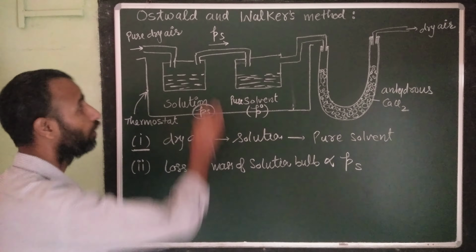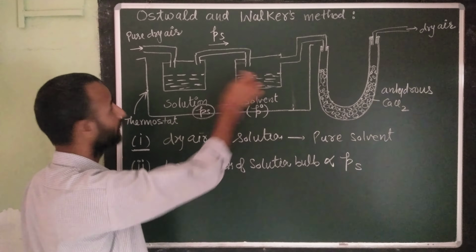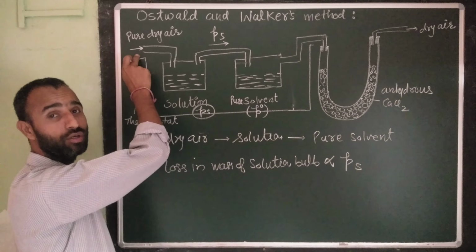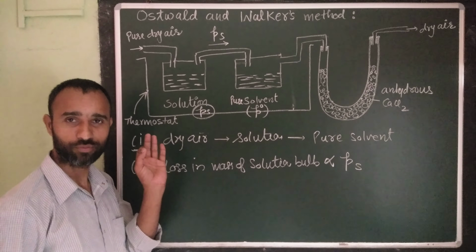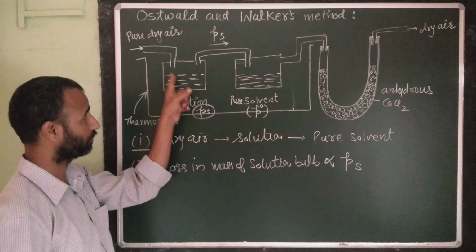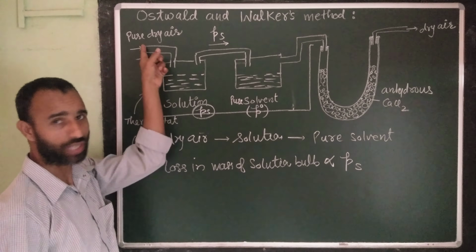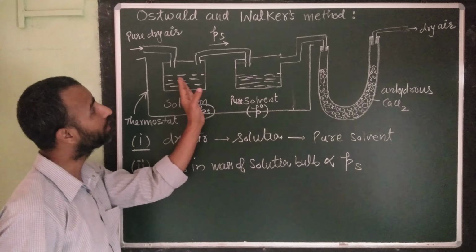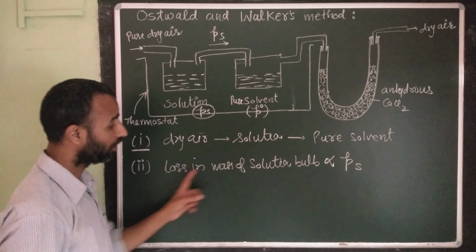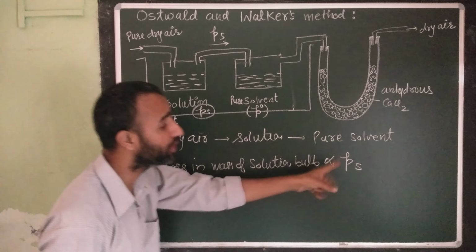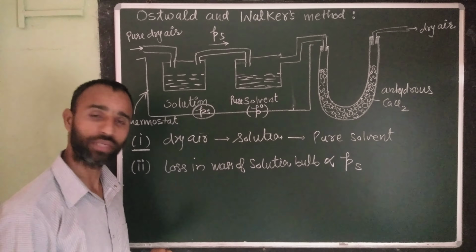Okay, now when it goes to the solvent, see, in dry air vapor pressure due to the solvent is 0. When it enters, then at that time it is 0, but when it goes out, then it becomes PS. That's why loss in mass of solution bulb is proportional to PS.